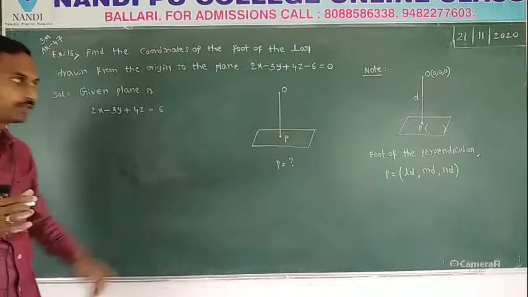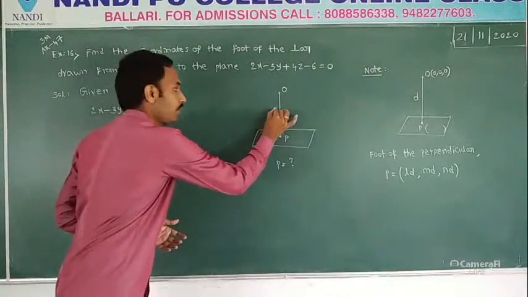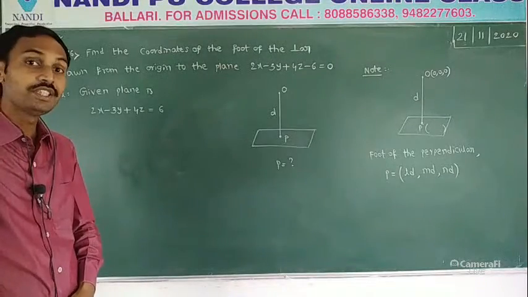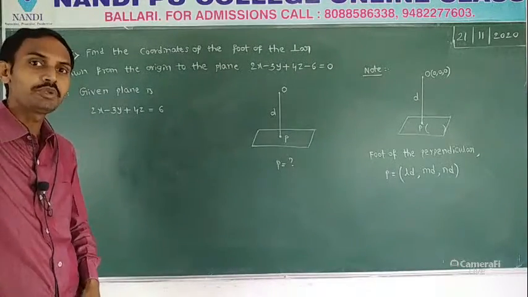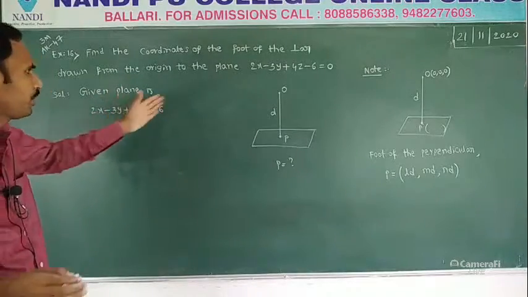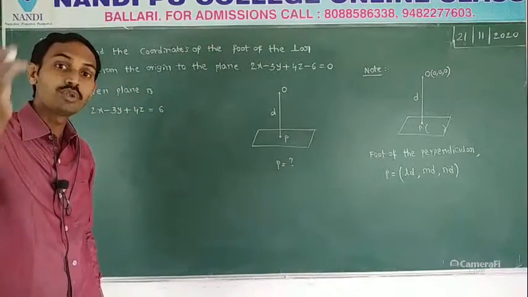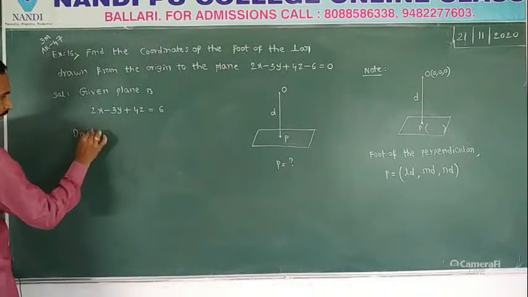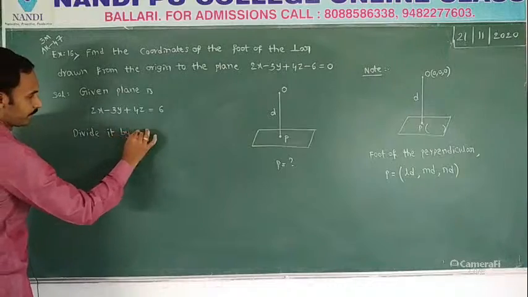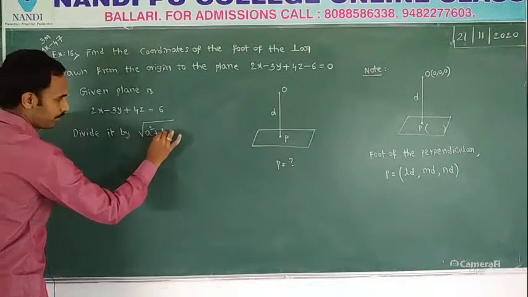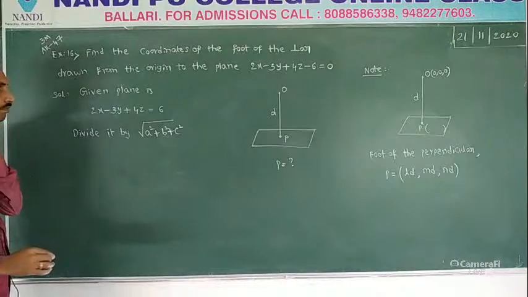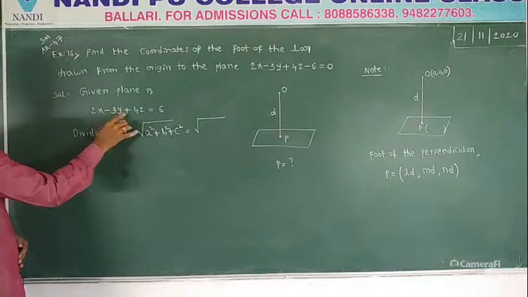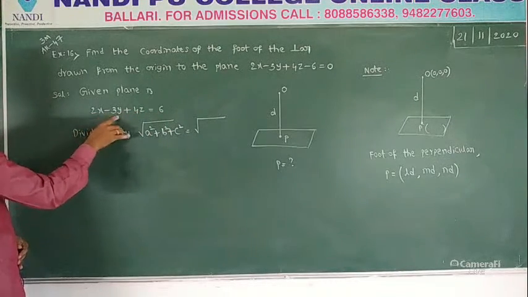The normal form formula is Lx plus My plus Nz equal to D. To change any plane into normal form, divide the entire equation by root of a square plus b square plus c square. It is in the form ax plus by plus cz equal to d.